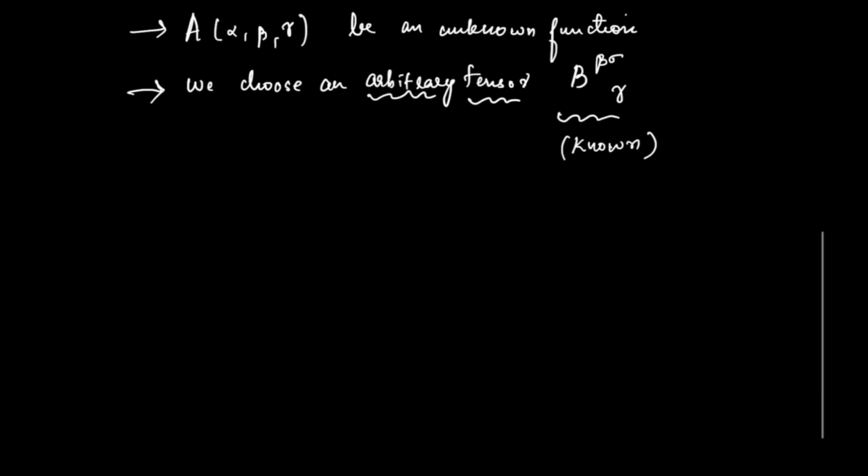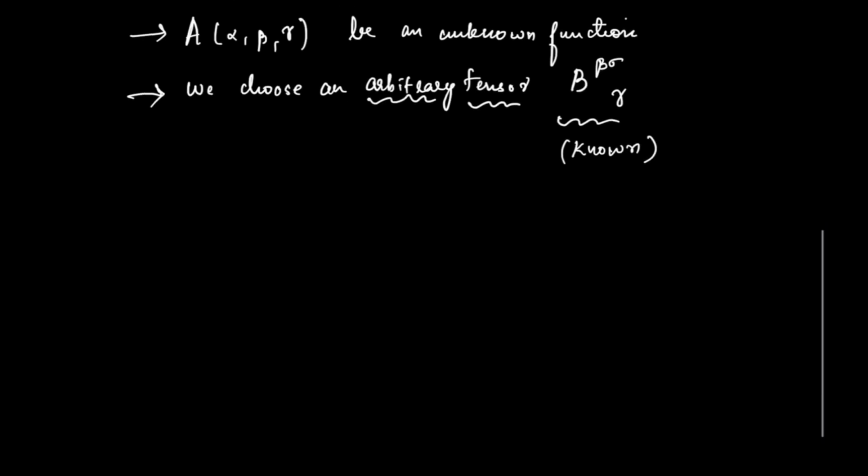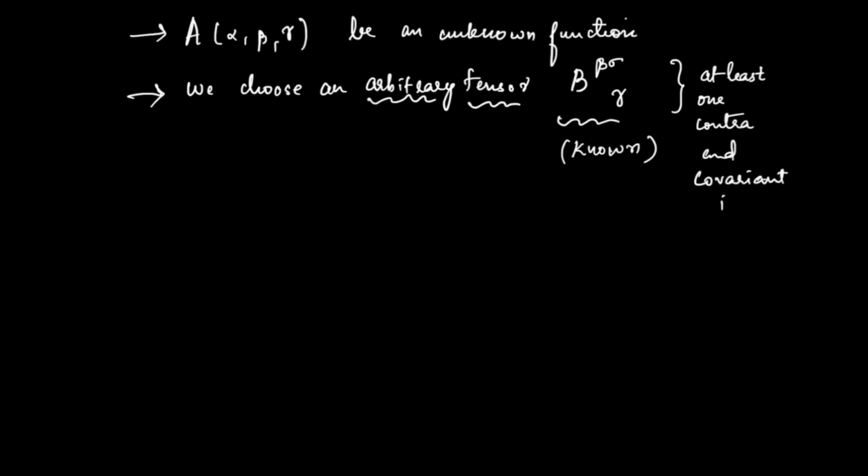We choose this arbitrary tensor in such a way that there is at least one contravariant and one covariant index. So this arbitrary tensor should have at least one contravariant and covariant index.